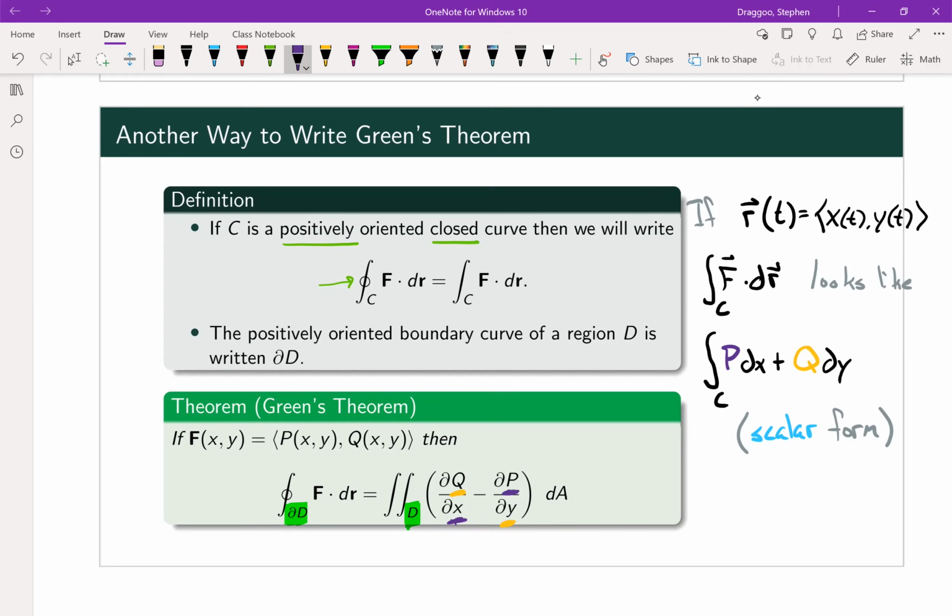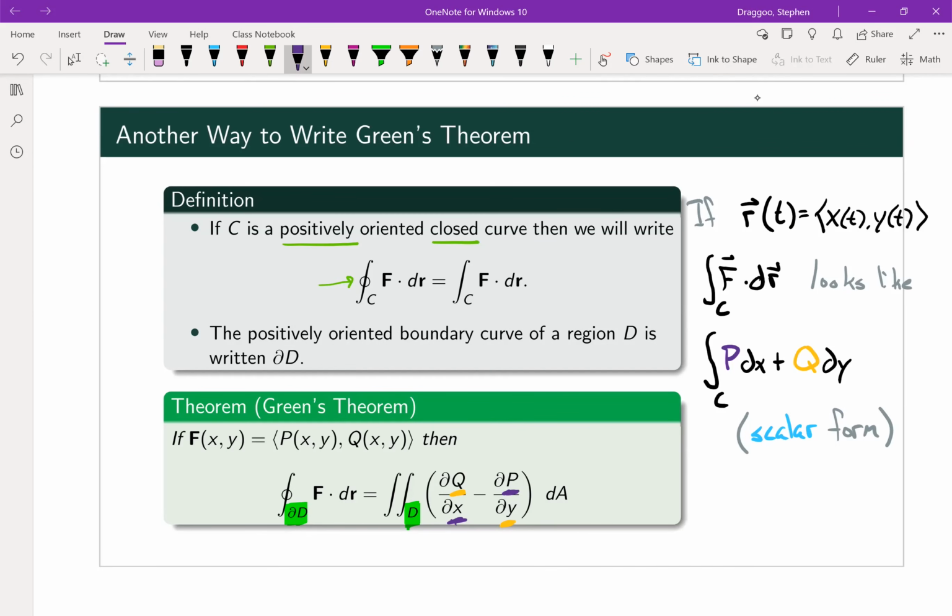So x is a function, we'll take the derivative of x with respect to t and then multiply it by dt so that we can integrate this with respect to a parameter. We'll call this the scalar form of that line integral that we'd established earlier. We'll go back and forth between the two forms, either F dot dr or P dx plus Q dy, but they both represent the same line integral along that boundary curve C.